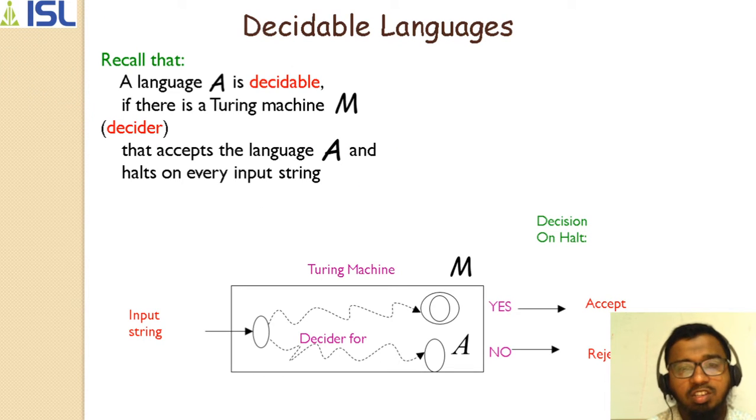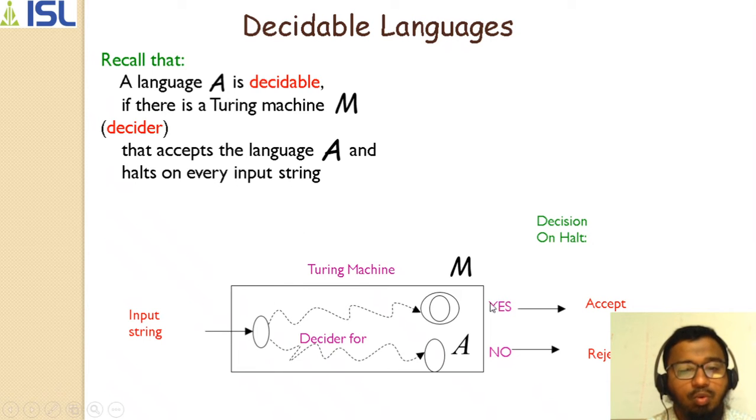So first one is decidable language. What is a decidable language? A language A is decidable if there is a Turing machine, a decider, that accepts the language A and halts on every input string.